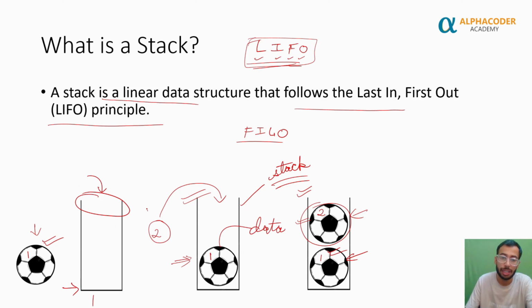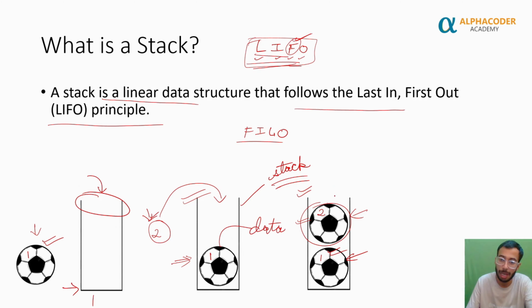The last ball that you have put inside this pipe is the first ball that will come out. That's why last in, that is the last ball that you have put inside this glass or this one-sided pipe, will be the first ball that will come out. First out, FO. So what is the first ball?